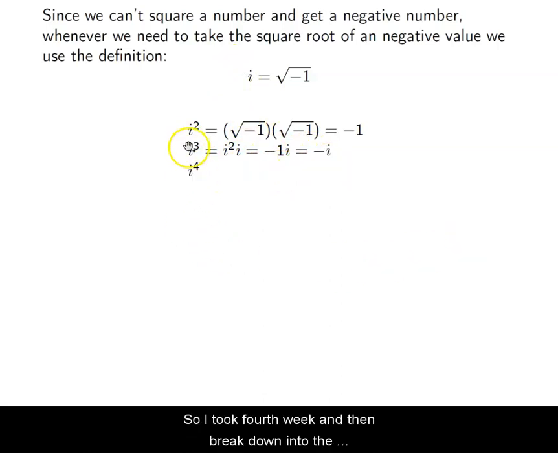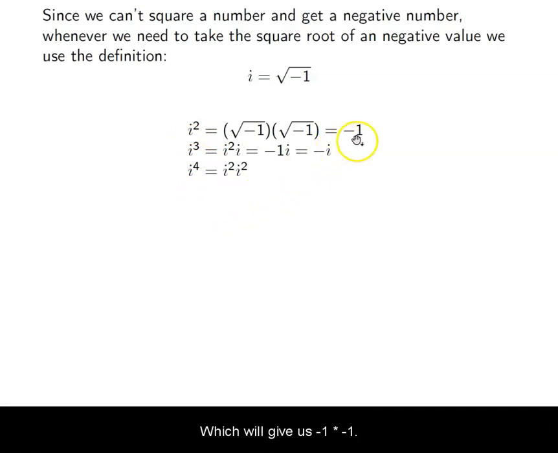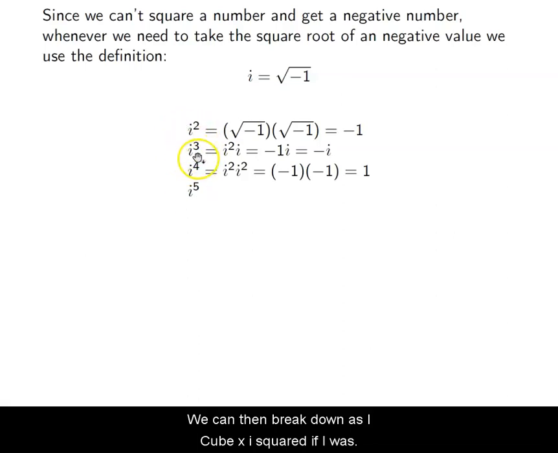So i to the fourth we can then break down into previous powers as well. We can write this as i times i cubed, or a better way, as i squared times i squared, okay, which will give us -1 times -1, or +1. Okay. So far we have i squared is -1, i cubed is -i, i to the fourth is 1. i to the 5th we can break down as i cubed times i squared if I want, okay?